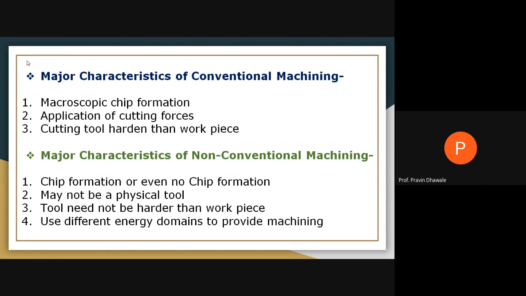It is not necessary to have a tool with more hardness than the material of the workpiece, and such machining may require different forms of energy in order to remove the material from the workpiece. You may write such major characteristics of conventional as well as non-conventional machining. Make a point of this.